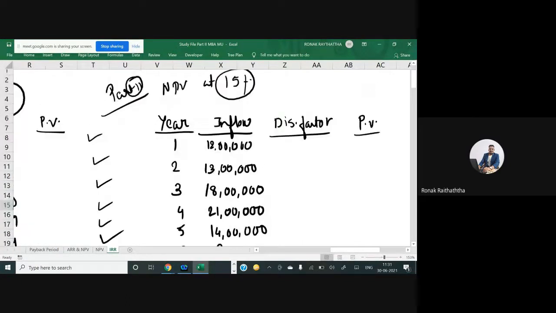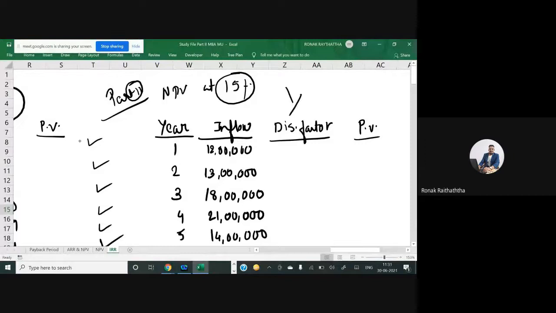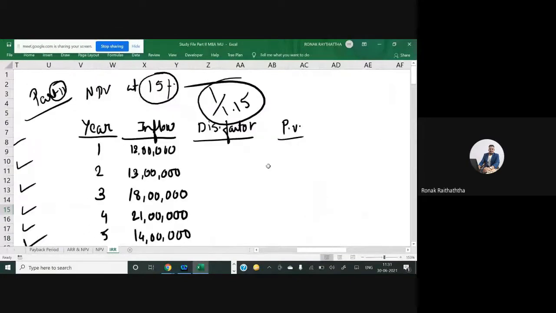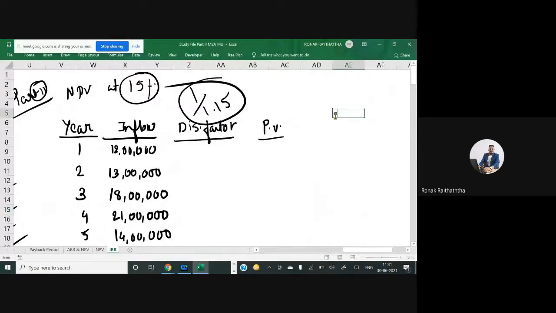Good. So only the change will be the discounting factor, 1 divided by 1.15. Please do it and let me know what discounting factors are coming there. Now you may just carry on with your own calculations. I'll do it. Don't worry.